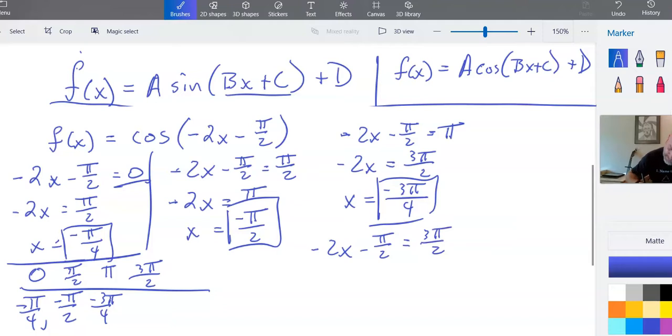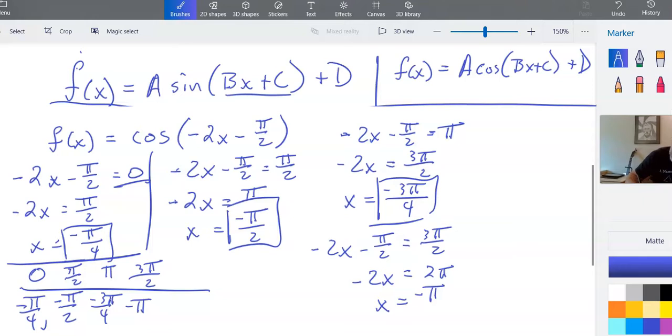So if I add pi over 2, that makes it 4 pi over 2, which is 2 pi. Right, so negative 2x is 2 pi, and then if I divide by negative 2, I get x is equal to negative pi. So that means 3 pi over 2 went to negative pi.